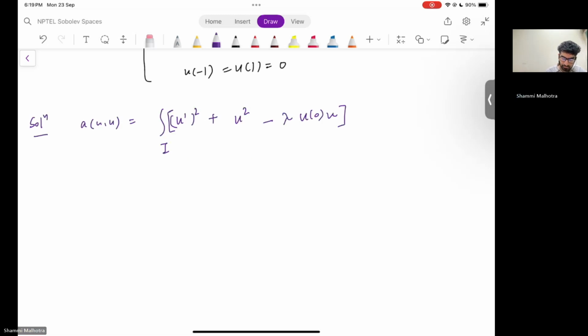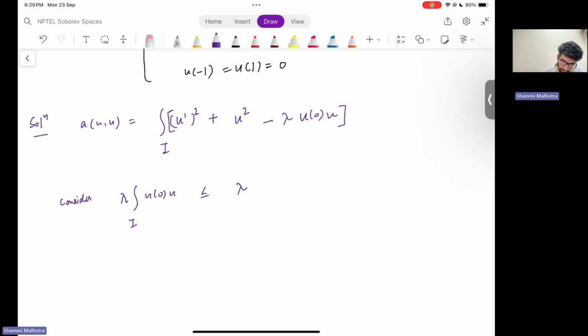We need to consider lambda times the integral over I of u0 times u. I can use the AM-GM inequality here.